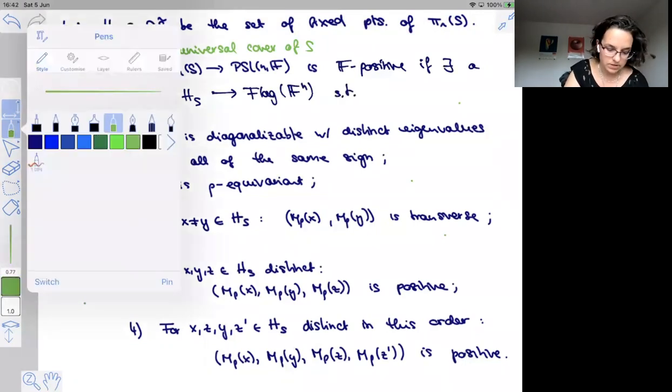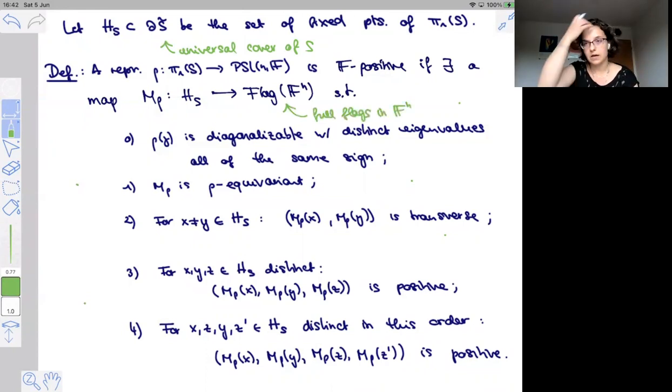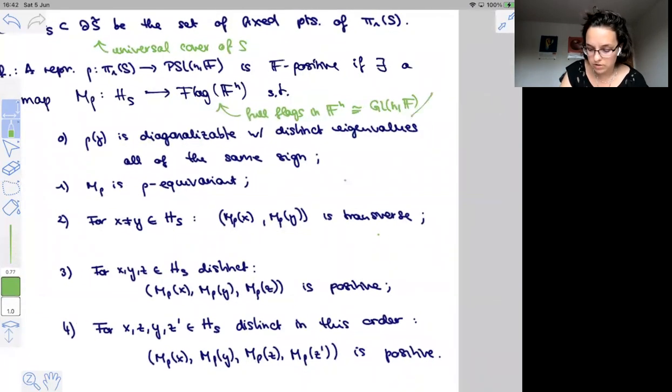So first thing I want to say, full flags. These are the full flags in F^n, so nested subspaces, and the difference between the dimensions is always 1. And this can be identified with GLn F modulo the upper triangular matrices.